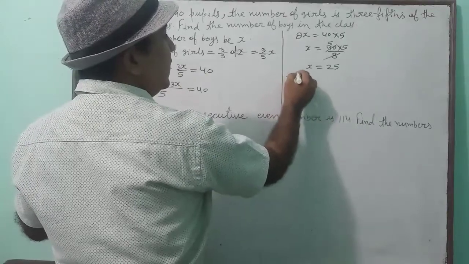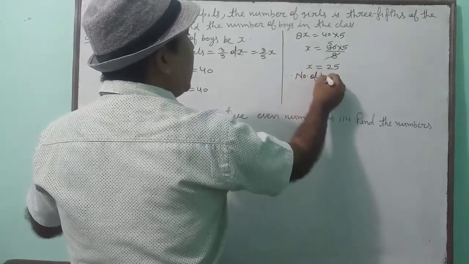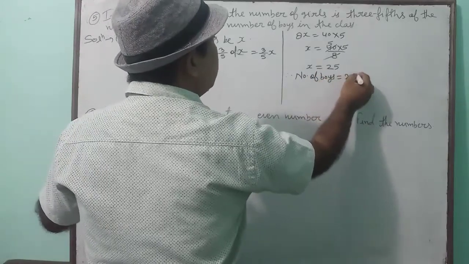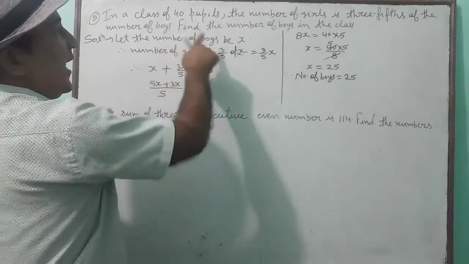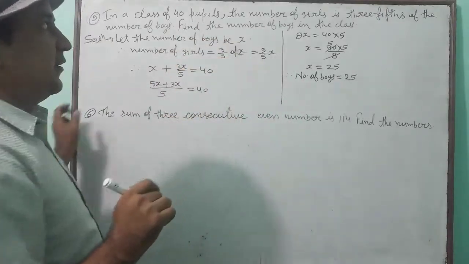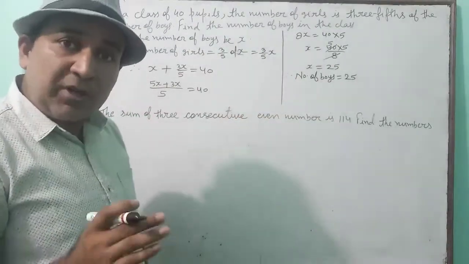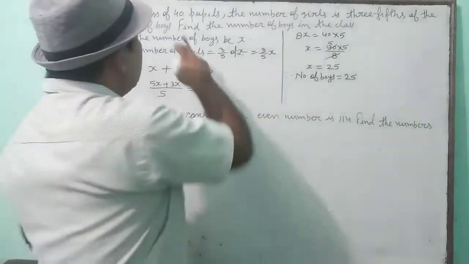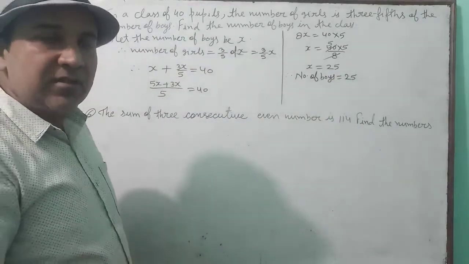What is x? x is equal to 25 means the number of boys is 25, because we have taken the number of boys as x. And the question is also asking the number of boys. Suppose you have to find the number of girls also, then from 40 we will subtract 25 and we will get the number of girls.